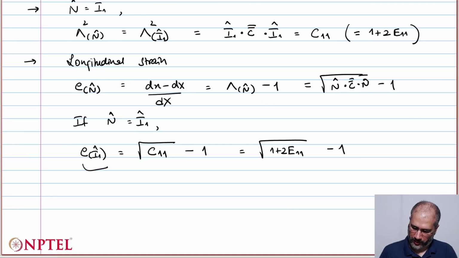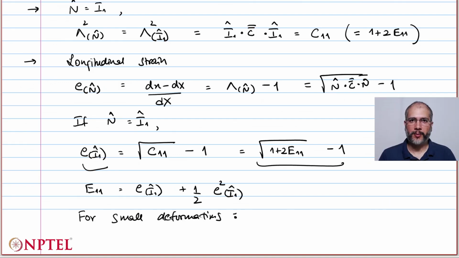So actually from this, I can write E11, that's the diagonal term of the Lagrangian finite strain tensor capital E, that is e, the longitudinal strain along I1 hat direction, plus half of small e squared.